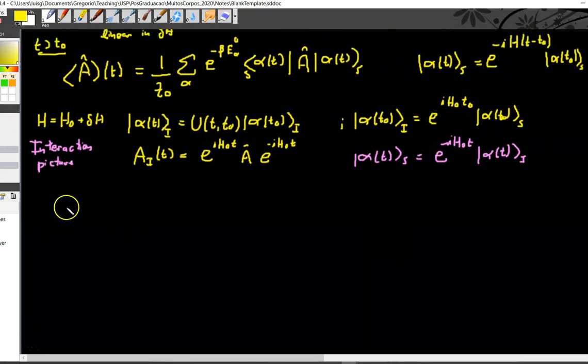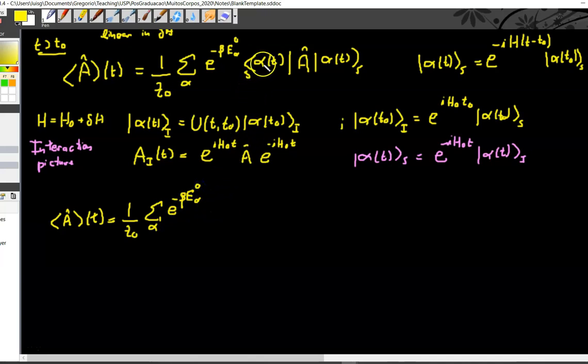So we have the expectation of A at time t equals 1 over Z naught, sum over alpha, e^{-βE_α^0}.